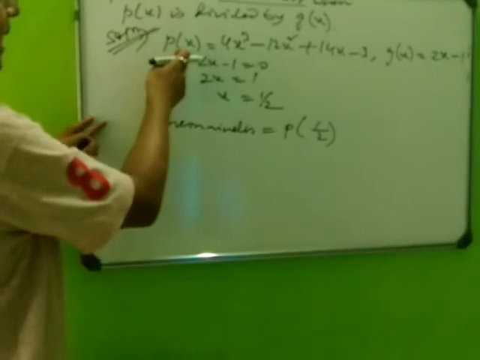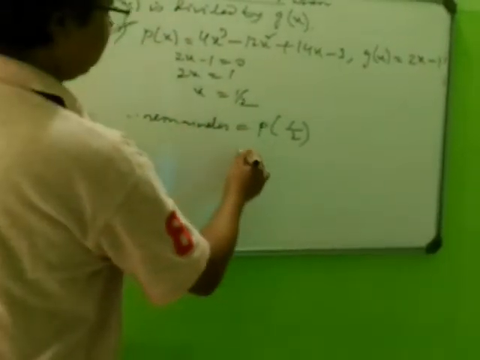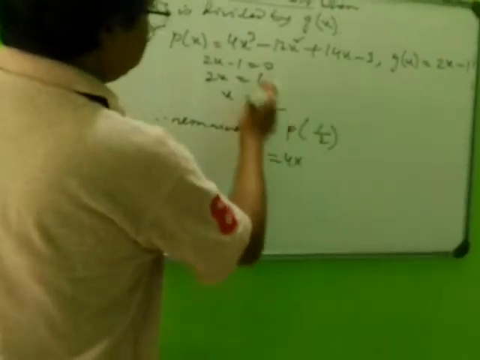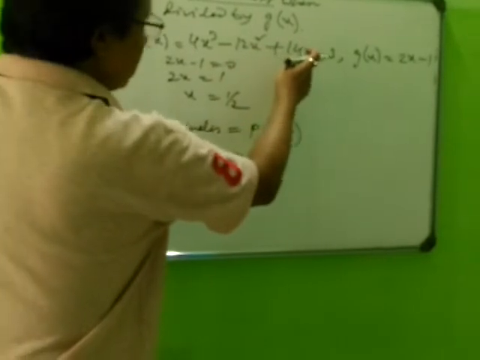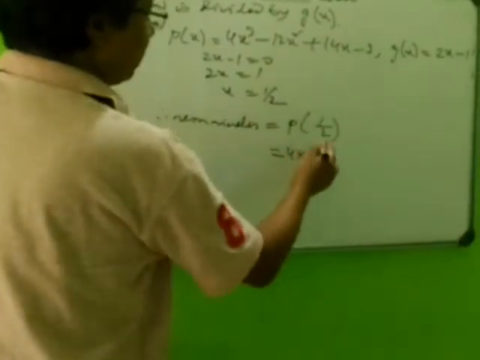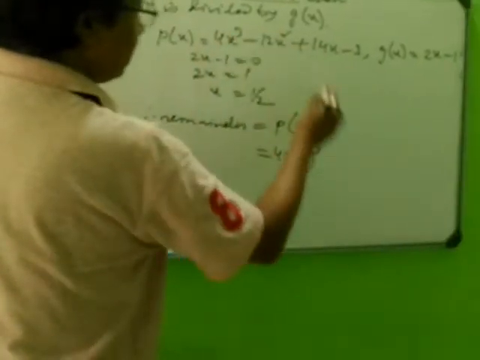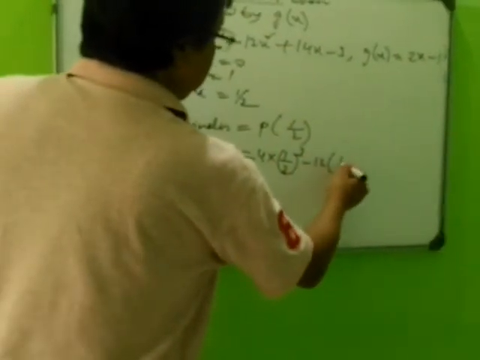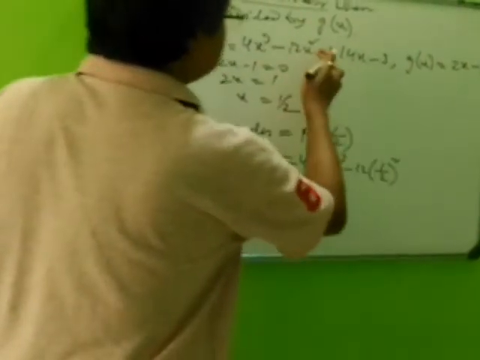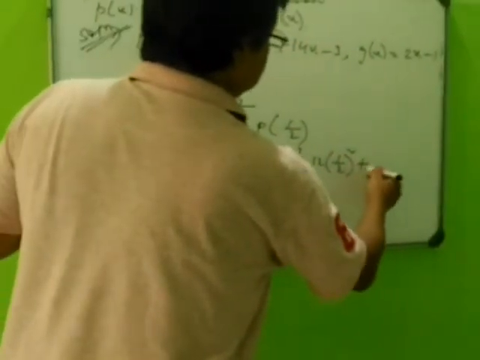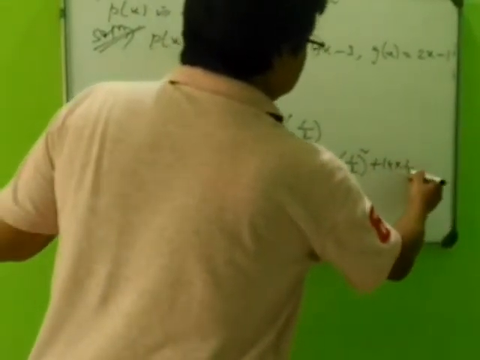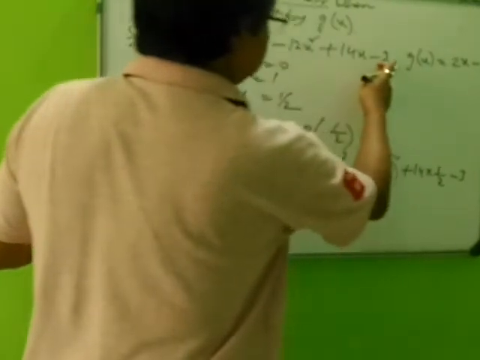So in place of x, that is half. So it will be 4 into 1 by 2 whole cube minus 12 into 1 by 2 whole square plus 14 into 1 by 2 minus 3.